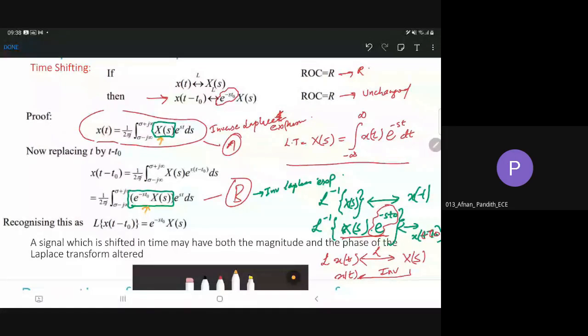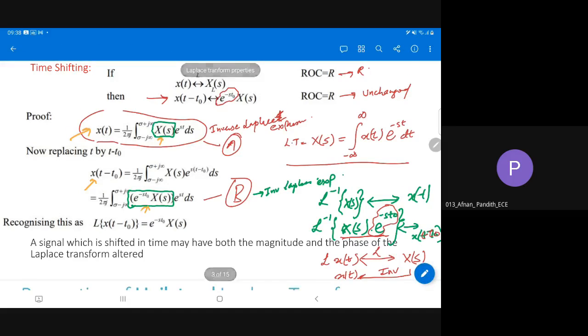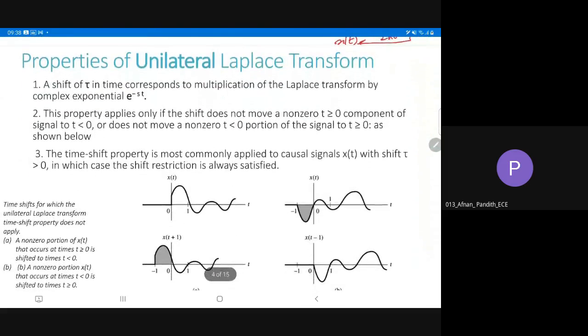So here we get x of t minus t naught, and here we get x of t, so we said Laplace of x of t minus t naught is e raised power minus s t naught x of s. That is what I said. Watch the video again, I will upload it, and you can then find this out.